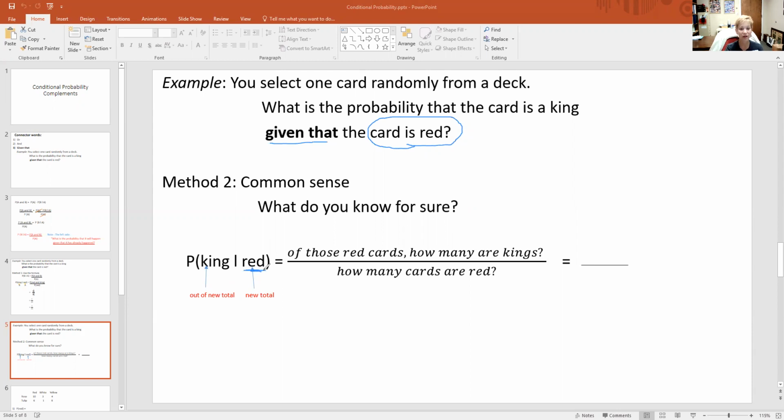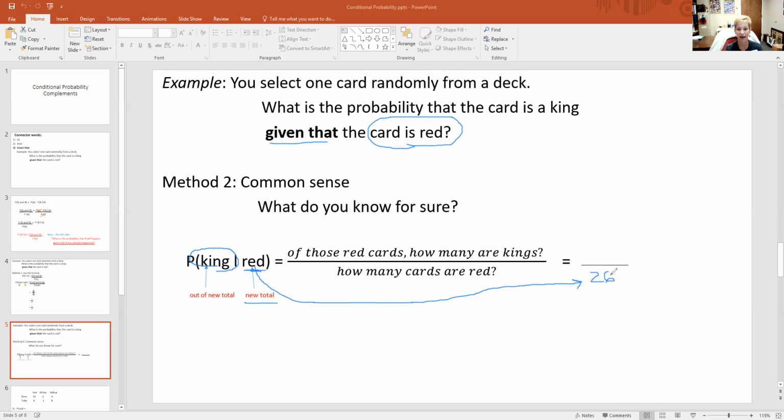I whittle it down to only 26 possibilities, the red cards. Now, if you're going to do it this way, here's the catch. What's to the right of the bar becomes your new total. See, new total. You can't go outside of your total. So when you do these, they have to come out of these.